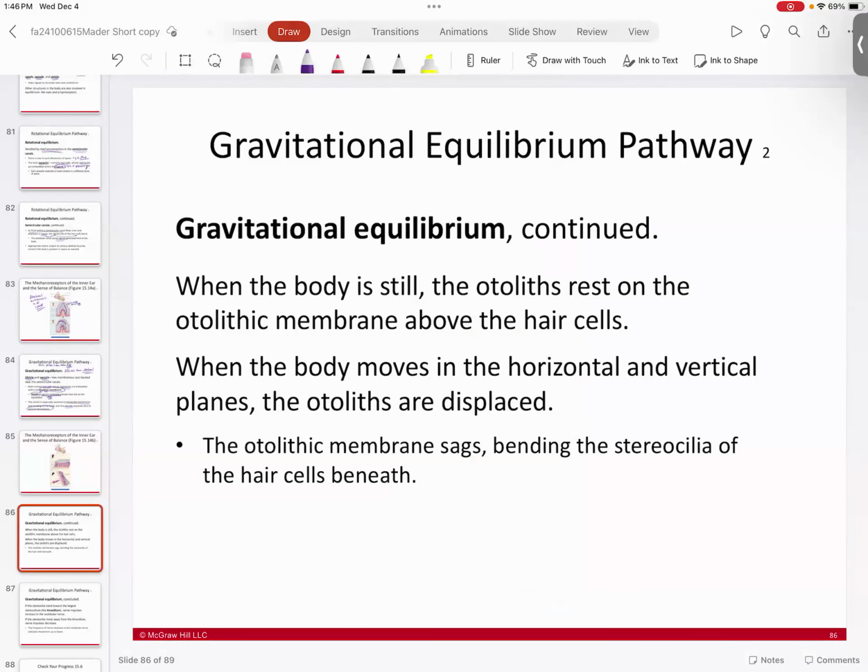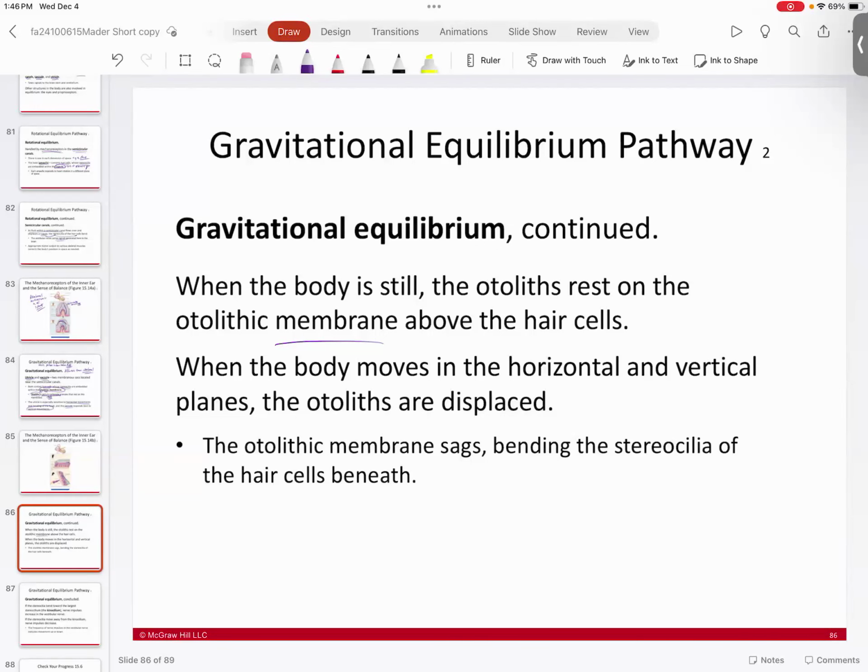So if you're at rest, like if your head's just still, then typically these guys are resting on this otolithic membrane, and they're just settled above the hair cells. So your brain is like, okay, we're not moving, right? Then all of a sudden, if you start to move, you're going to get that little slosh effect, because the fluid's going to respond as you move.